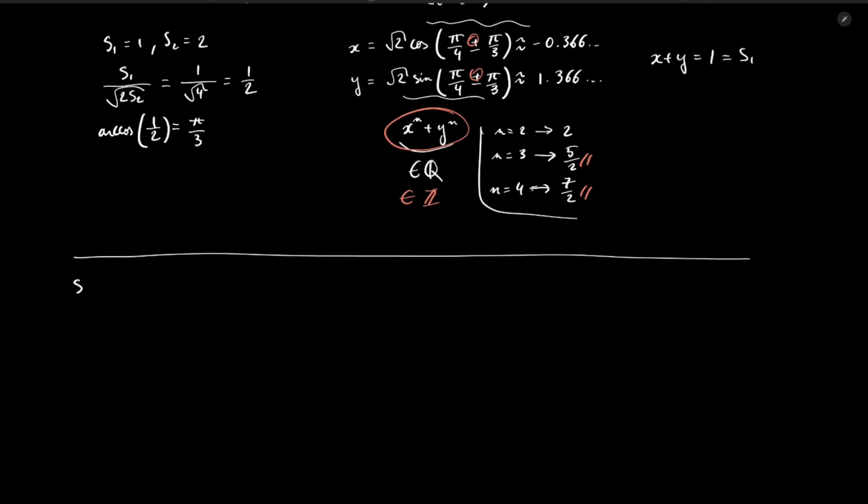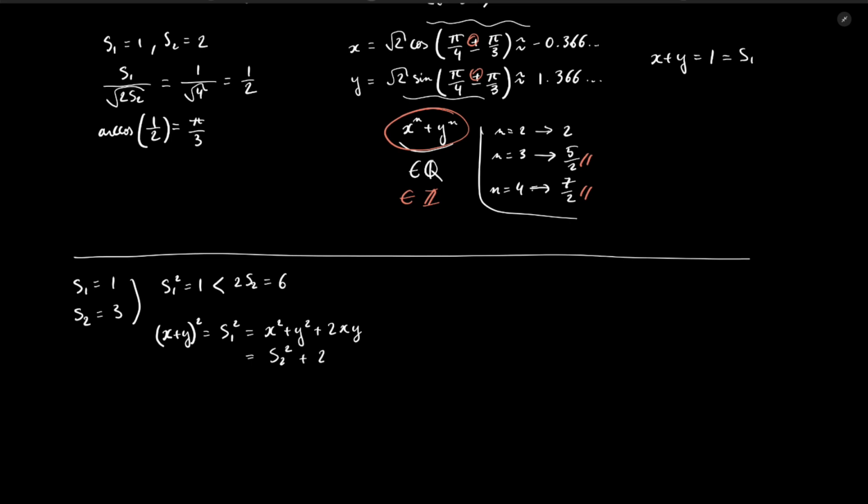So let's say that we have s1 that is equal to 1 and s2 that is equal to 3. We still have the property that s1 squared, which is equal to 1, is strictly lower than 2 s2, which is equal to 6. So we know that we will always have two solutions. And on top of that, we have (x plus y) squared that is equal to s1 squared and is also equal to x squared plus y squared plus 2 times xy, which is s2 plus 2p.